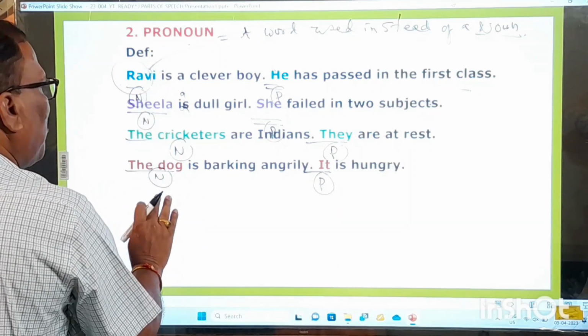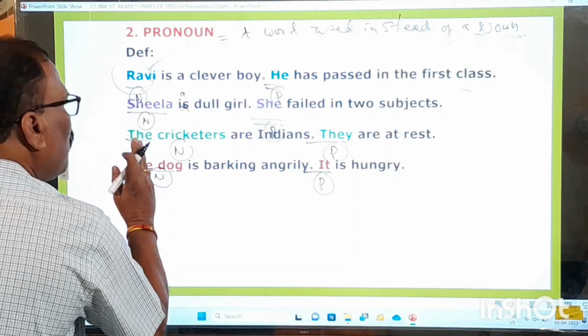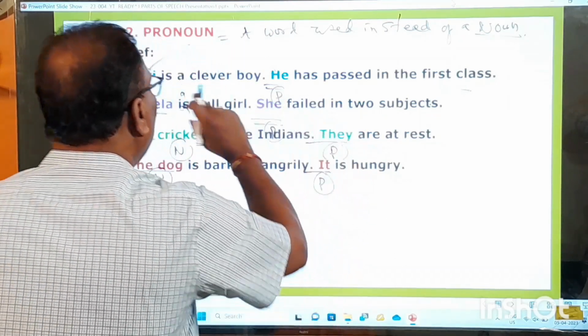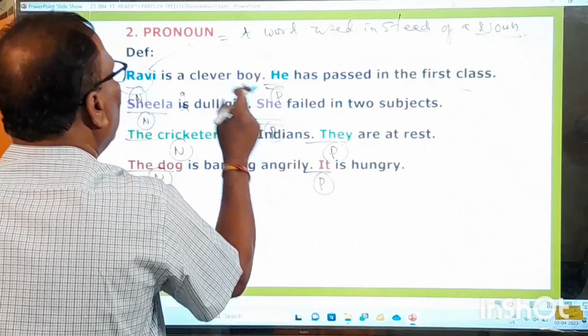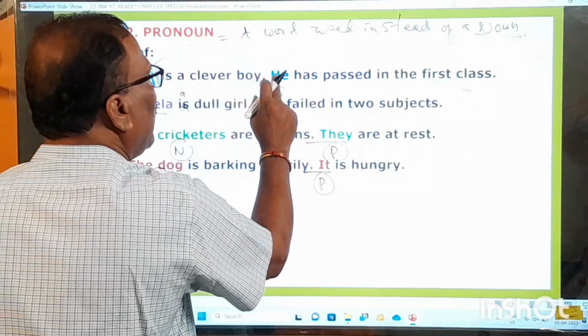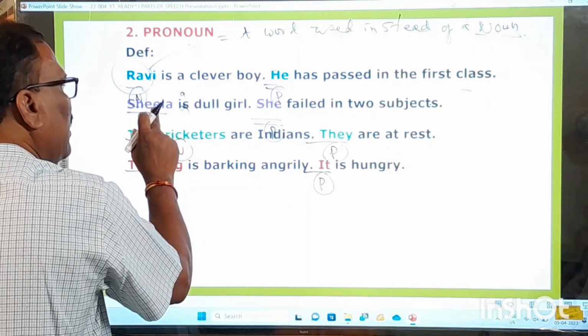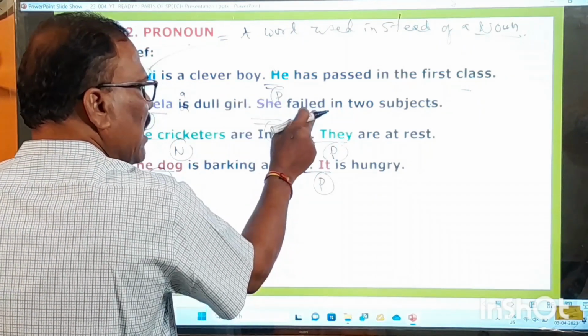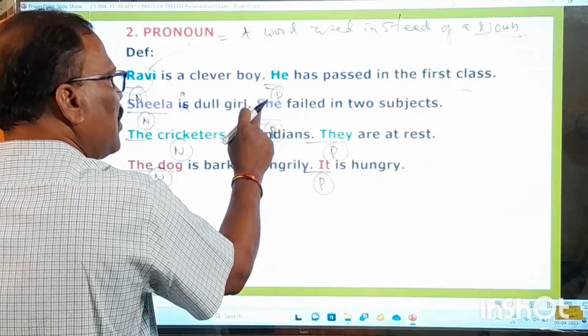So here, in these four examples, instead of these nouns, we are using pronouns in the second sentences. Instead of Ravi, we have used he. Instead of Sheila, that is a noun, we have used she in the second sentence. Therefore she is a pronoun.